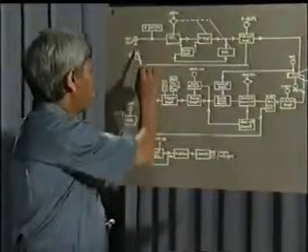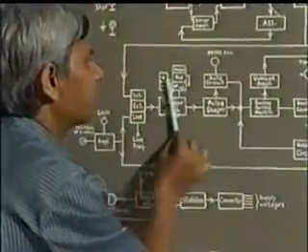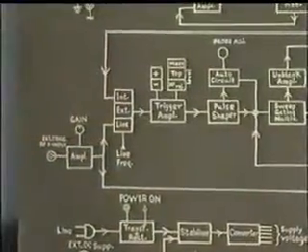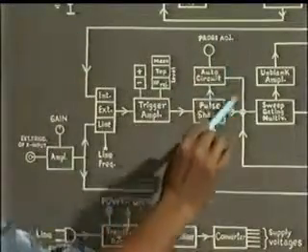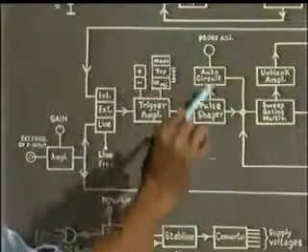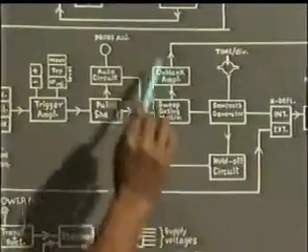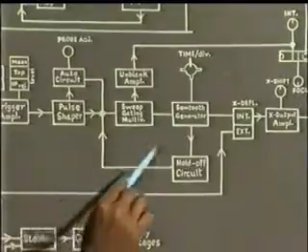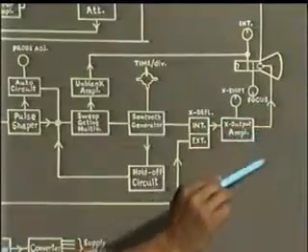Here in the block diagram, this is the horizontal stage of a CRO, in which this area is known as the triggering area, this area is known as the sweep generating area, and this is the horizontal output area.